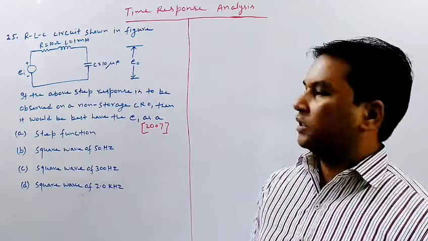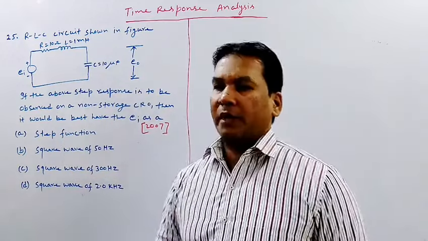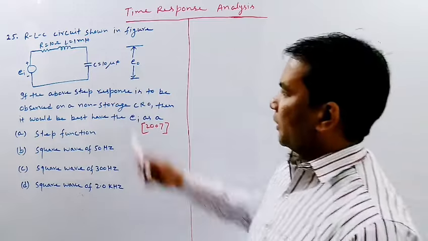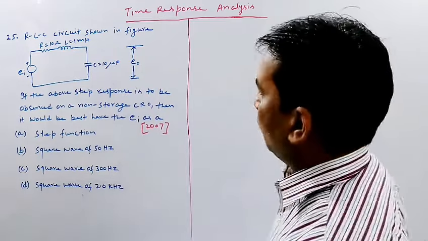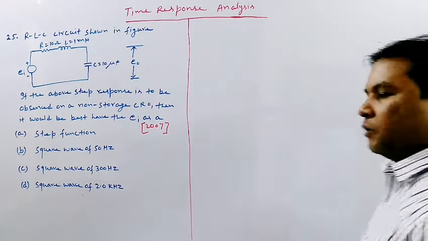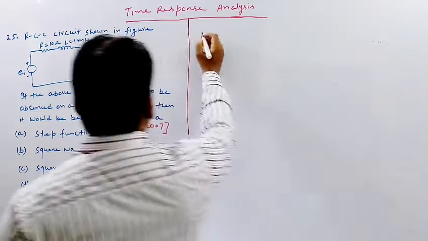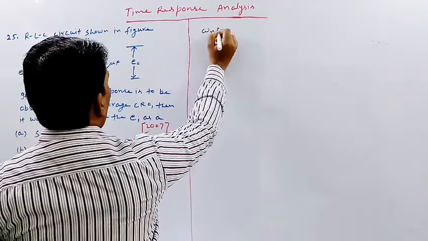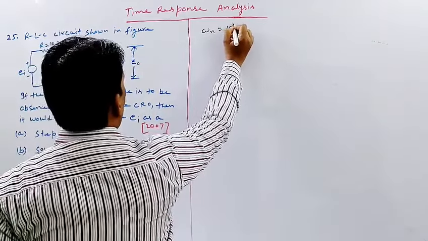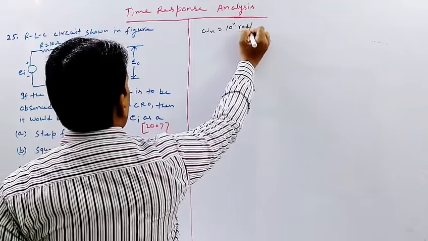So in the previous question, we have calculated the frequency of natural oscillation, omega n, which was 10 to the power 4 radian per second.